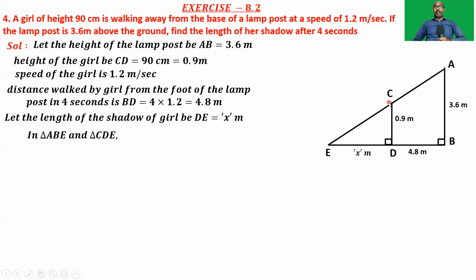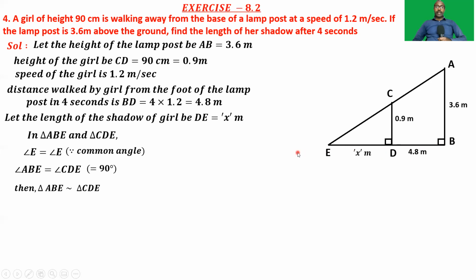So in triangle ABE and triangle CDE, angle E is the common angle, and also angle D is equal to angle B is equal to 90 degrees. So by angle similarity, we can say that these two triangles are similar. So when two triangles are similar, the ratio of corresponding sides is equal.